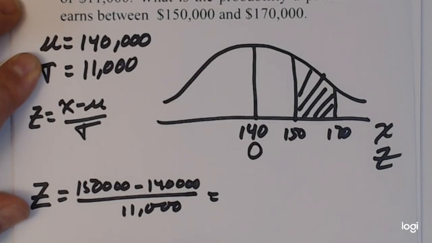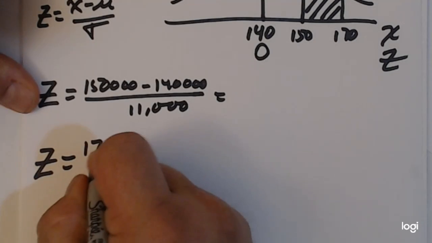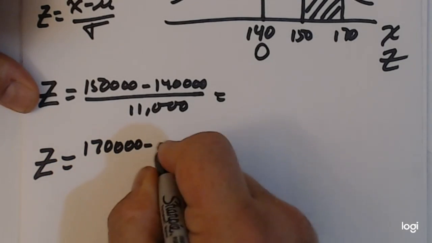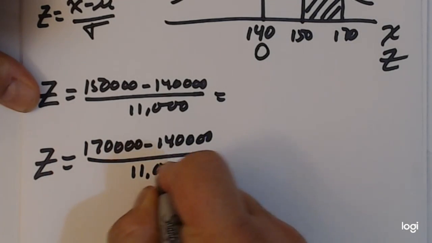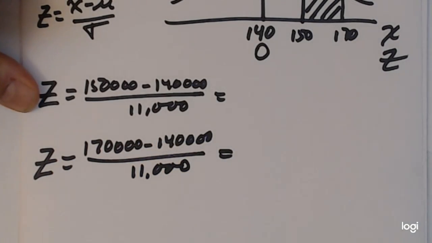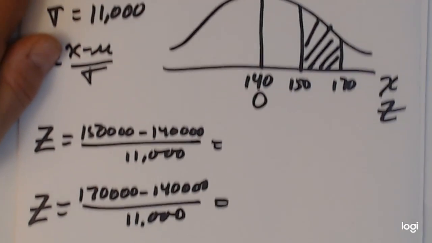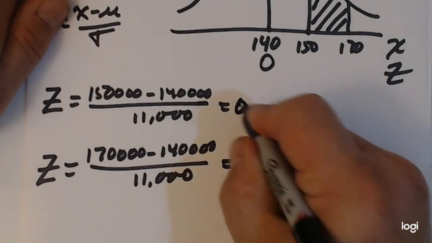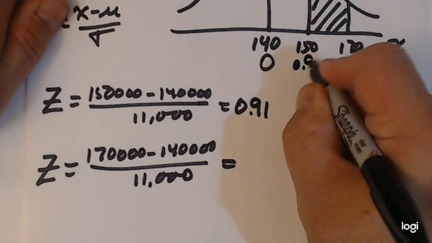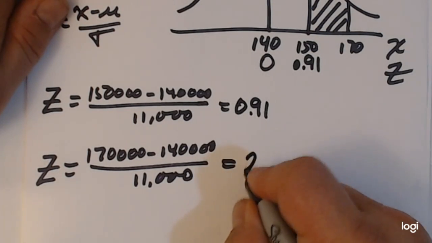And Z is equal to 170 less 140 over 11,000. And if you do that, the 150 is 0.91, and the 170 is 2.72.